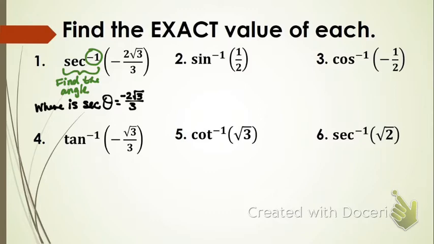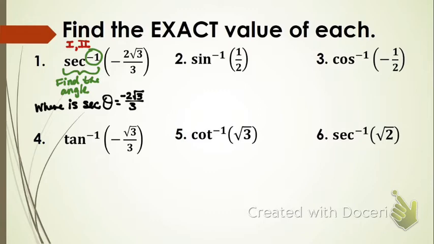First, and I'm sorry, I didn't hear the other word you said. Secant is the reciprocal of who? Cosine. If secant is the reciprocal of cosine, 1 and 2. Is this angle going to be in quad 1 or in quad 2?